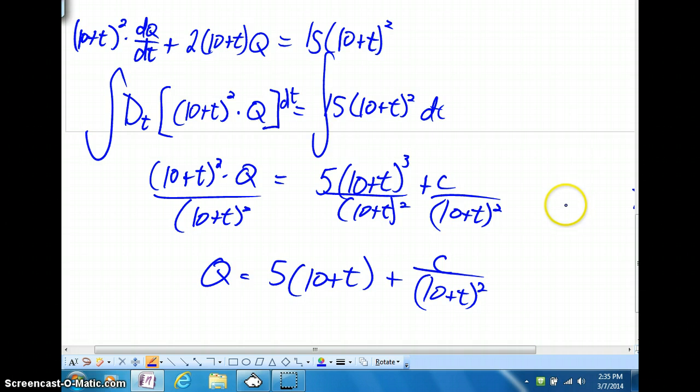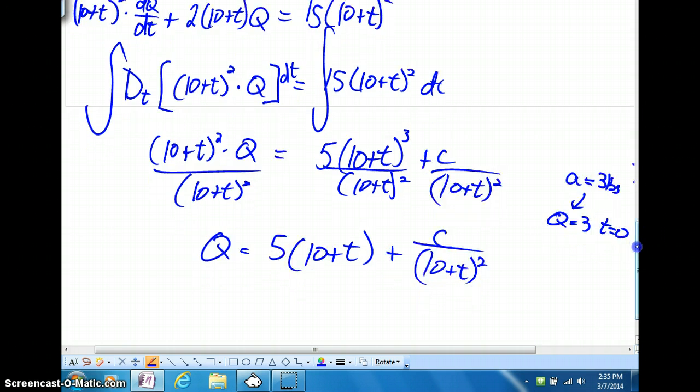But we said that our initial amount of salt, how many pounds was it? It was 3 pounds of salt. Sometimes kids are like, what does that mean? It means q is equal to 3 when t equals 0.